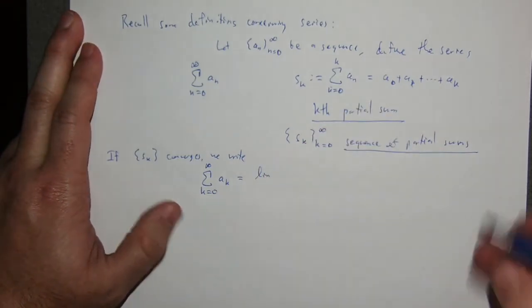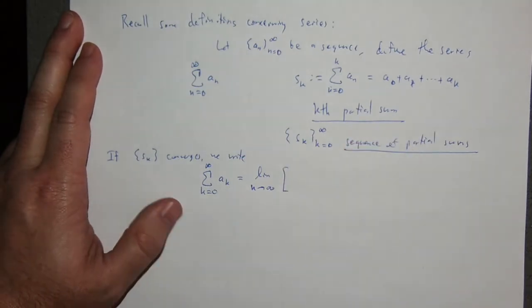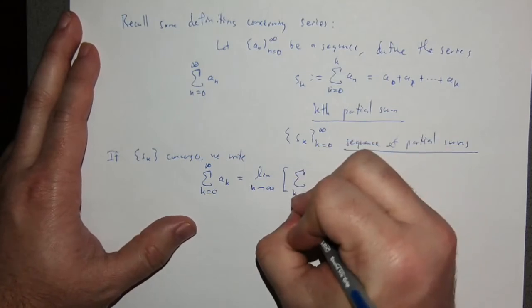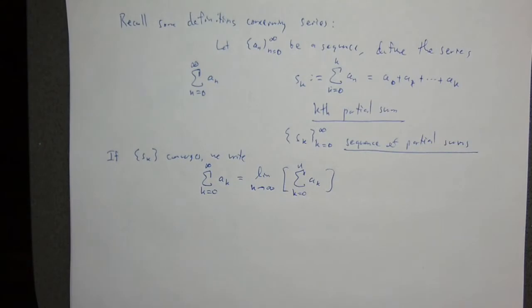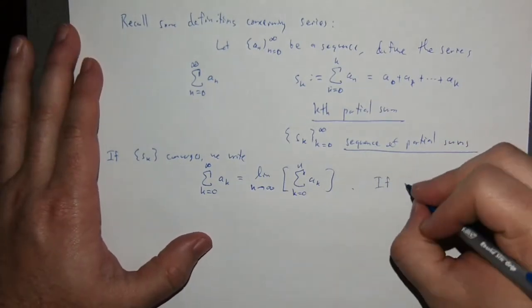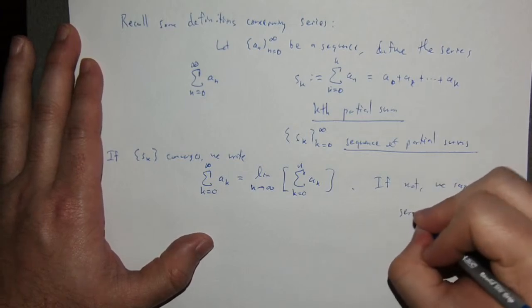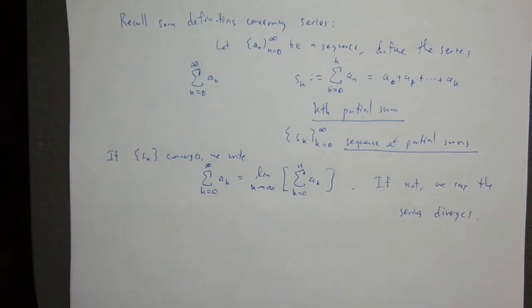So the limit, as n goes to infinity, of the nth term in the sequence of partial sums, the sum from k equals 0 to n of a sub k. I know I swapped the roles of n and k, that's fine. If not, we say the series diverges. Okay, so again, this is just to refamiliarize yourself with all this.